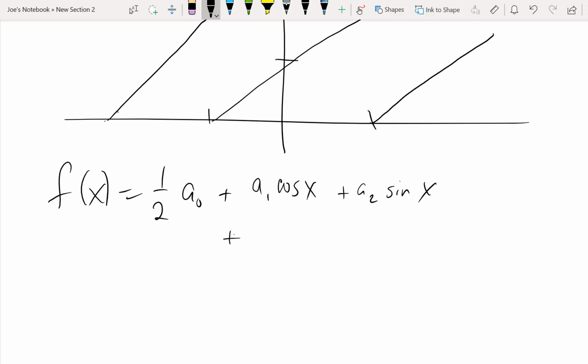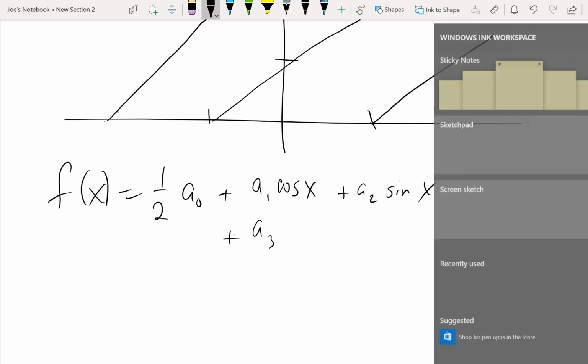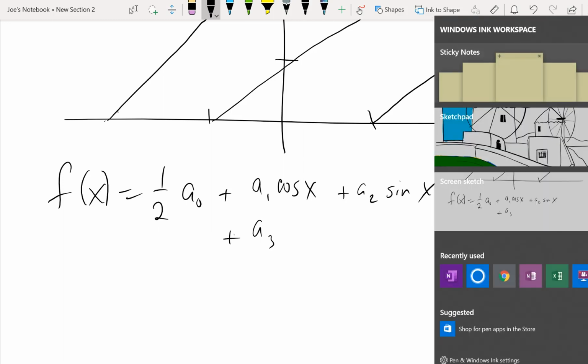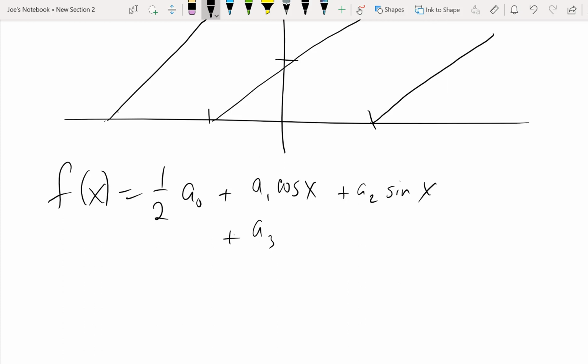And then, likewise, you've got the A3. Oops, I got those backwards. Sorry. These are B's. Come on, erase. There we go. B1. Sorry about that. A2. B2. And so on down the line.